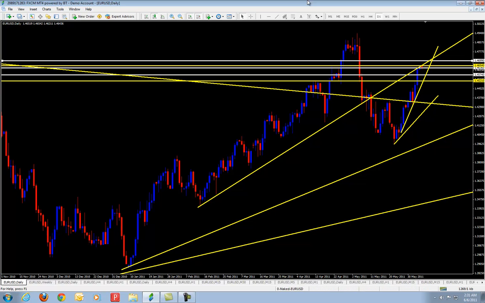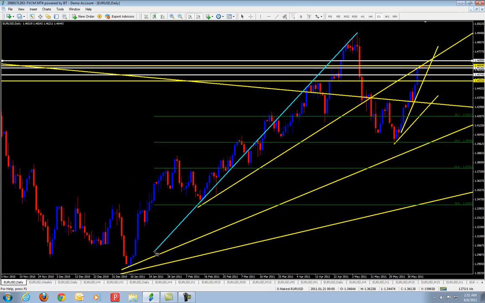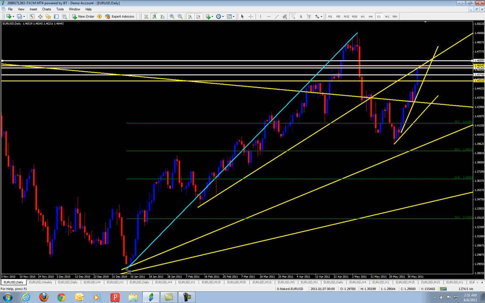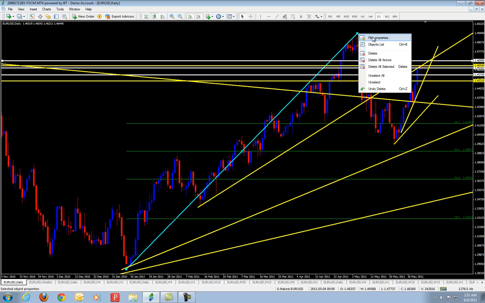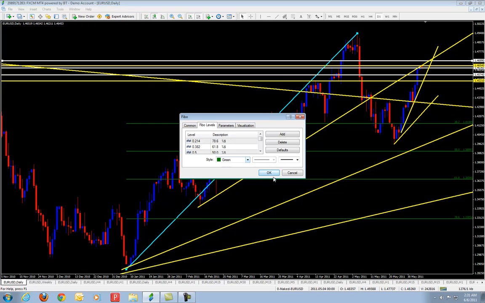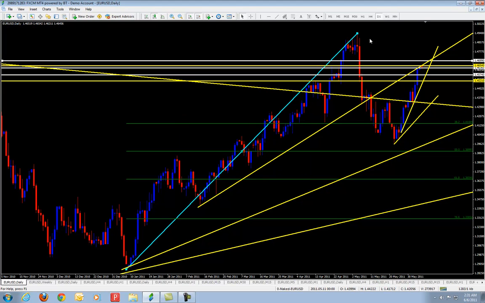There's something else I forgot to do, and I'm going to do it right now. I'm doing this here on the daily. I'm going to go ahead and just draw some fibs. These fib lines are green because that means if price was to hit these areas, it would go up, and it did.